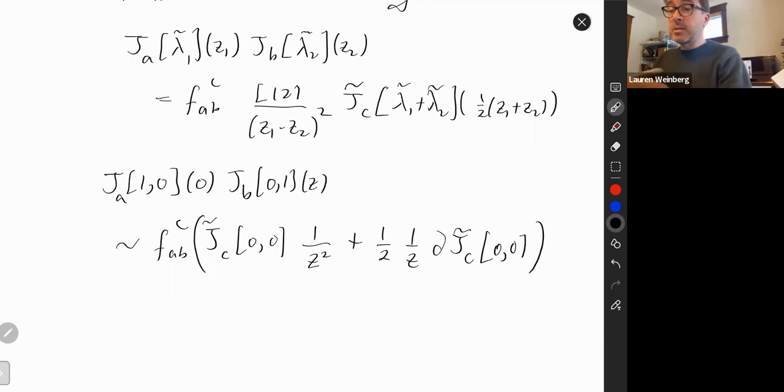This second formulation is just obtained from the first one by taking the coefficients of lambda 1 tilde and lambda 2 tilde.